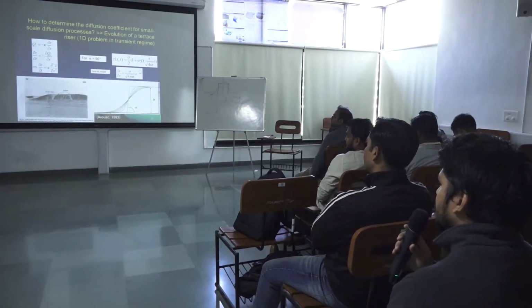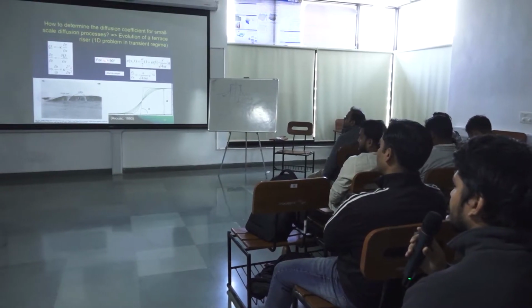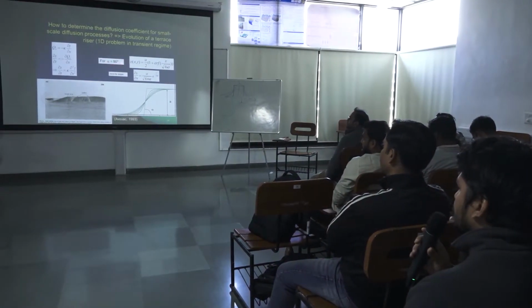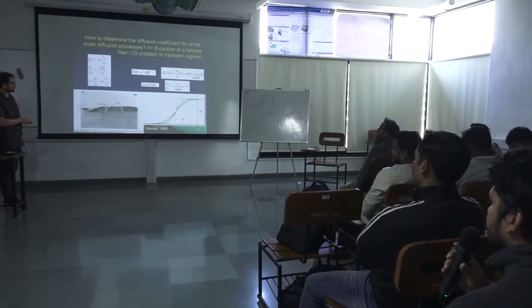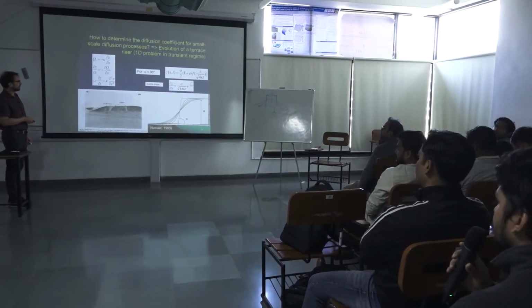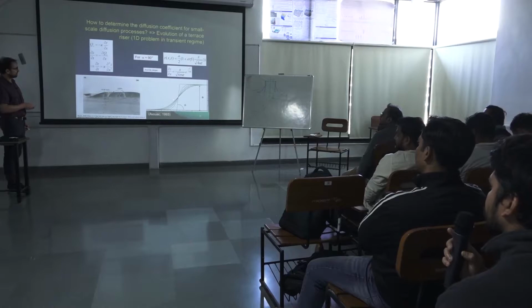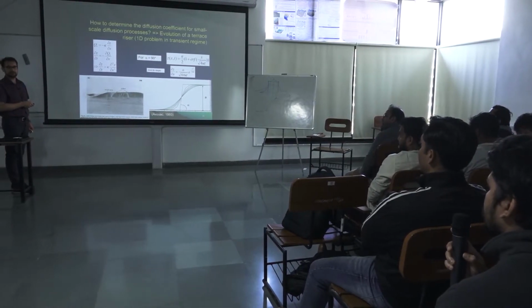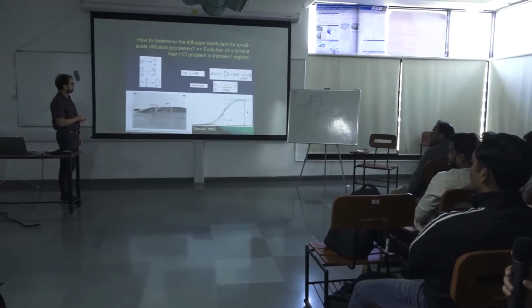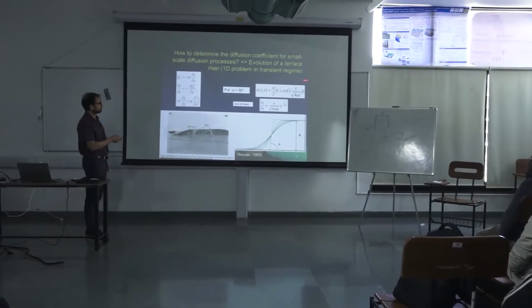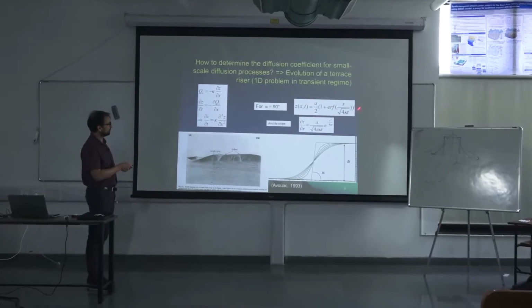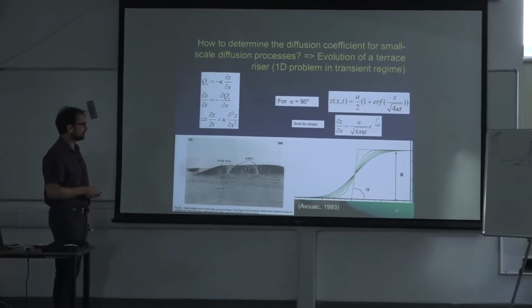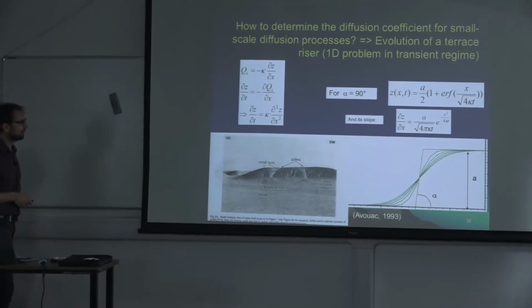This solution is given for an initial angle of 90 degrees, so for a straight step or square step. In most cases there is some initial angle, which can be 60, 50 or 40 degrees.